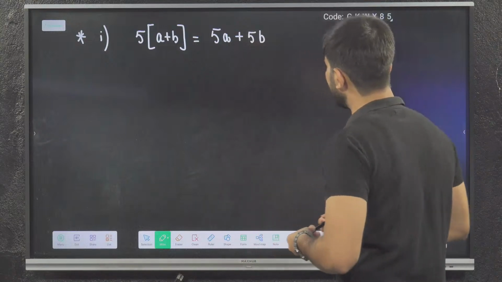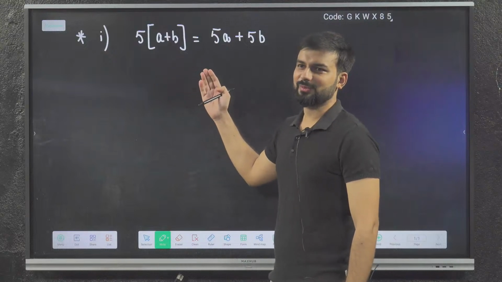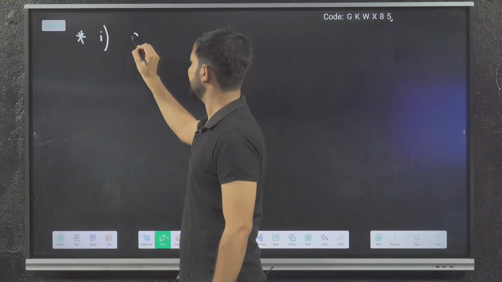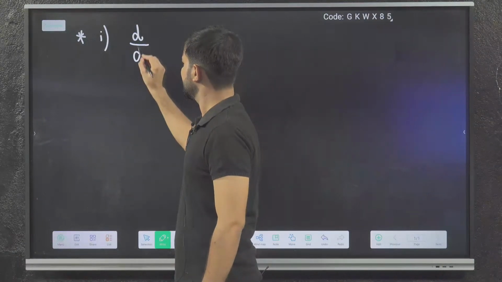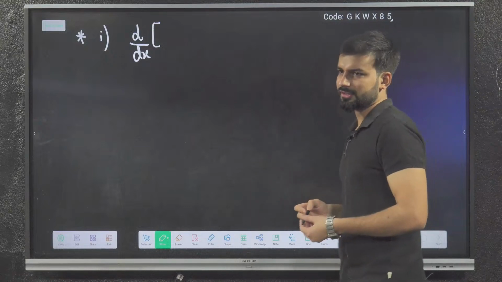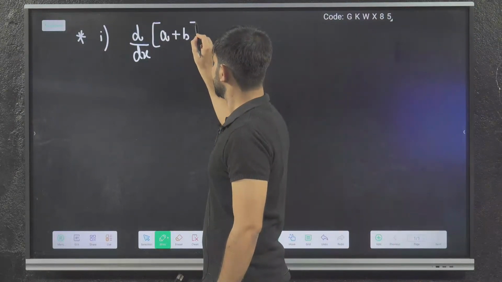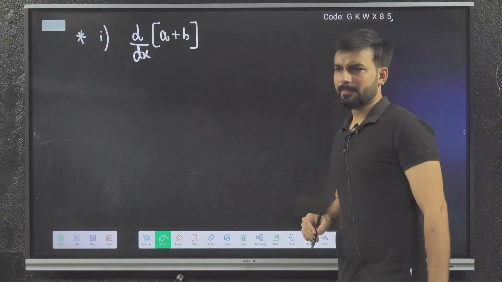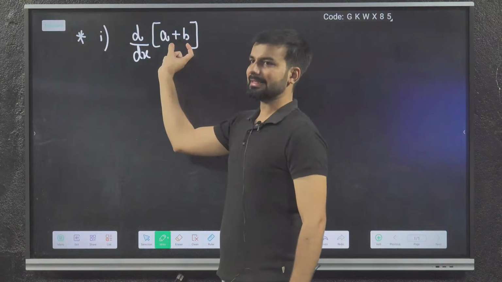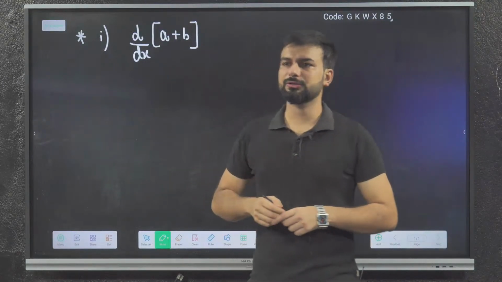But here we are not going to multiply 5 with a and b. Here the factor is differentiation, d by dx, and let's say you have two other functions, for example a plus b. Like yesterday we had written only a single y. Now here a and b are also there.